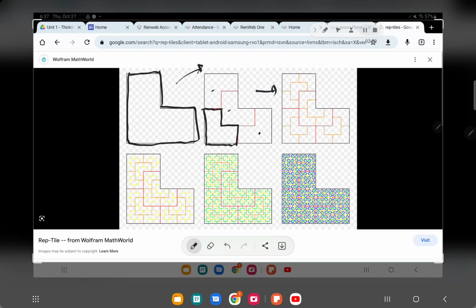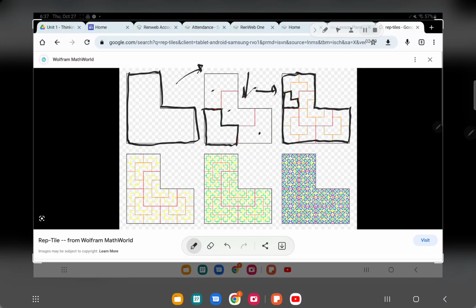And then if you go one more, now you have all of these shapes in here that are all similar to the larger outer shape that we started with. These are all examples of Rep-Tiles.